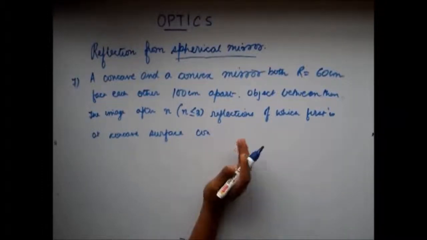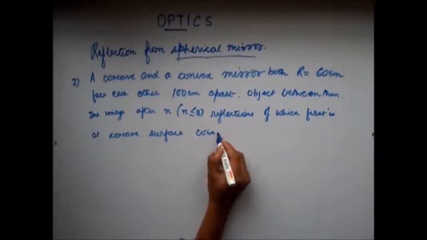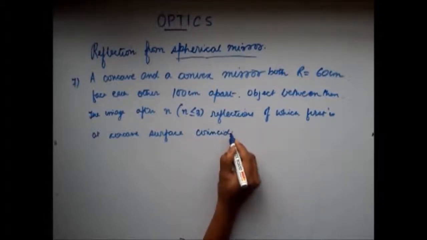That means after n reflections, the image is exactly at the same location where the object is.